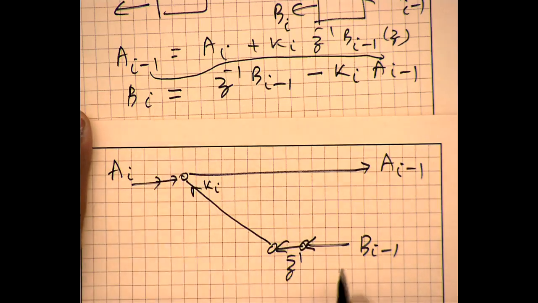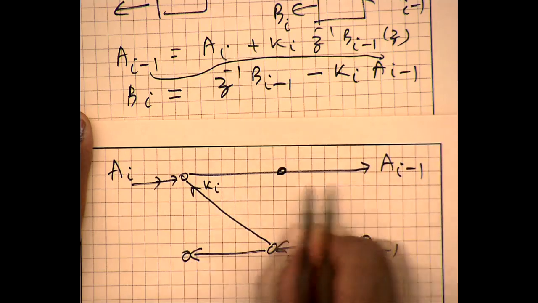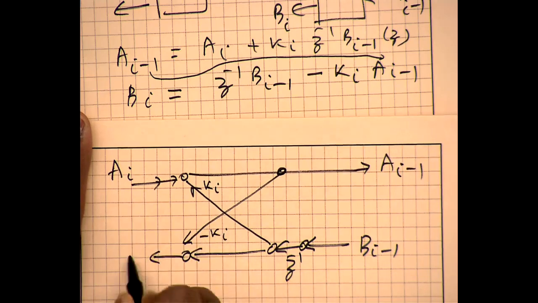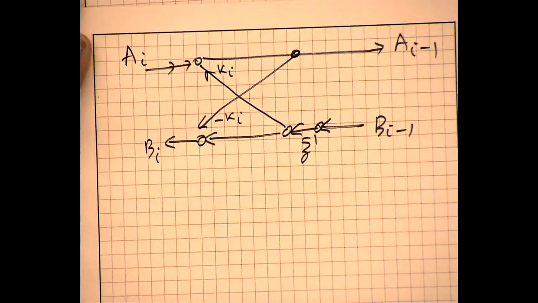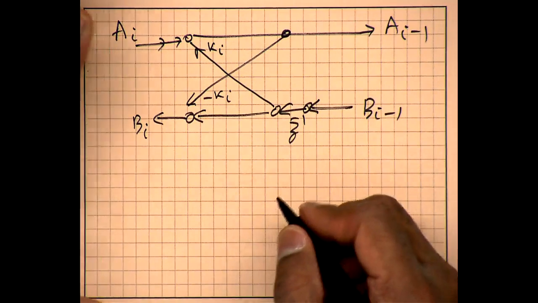Bi is z to the power minus 1 times Bi minus 1 minus Ki times that quantity. So this is a typical IIR all-pole lattice stage.